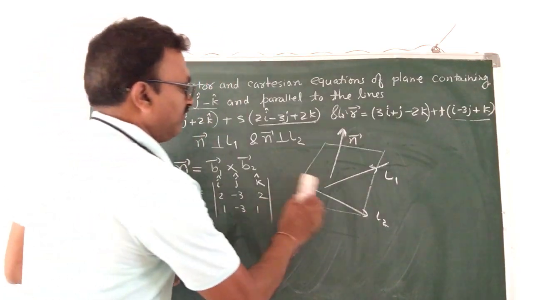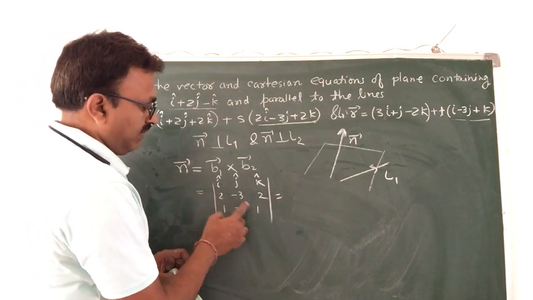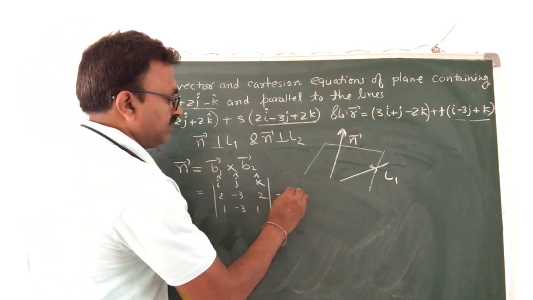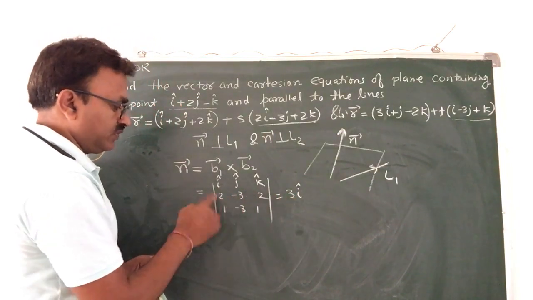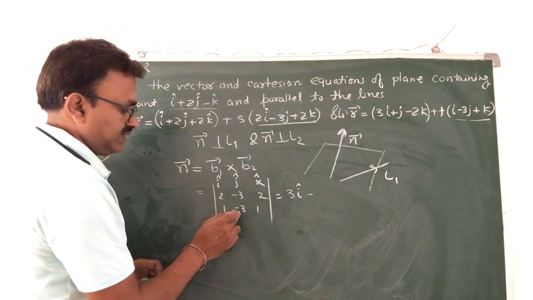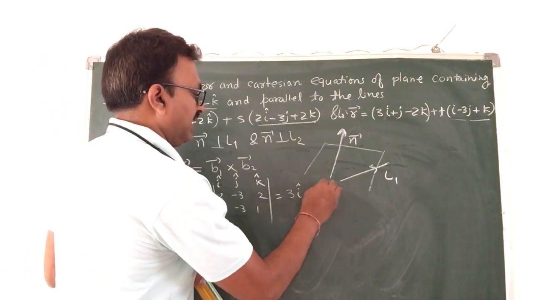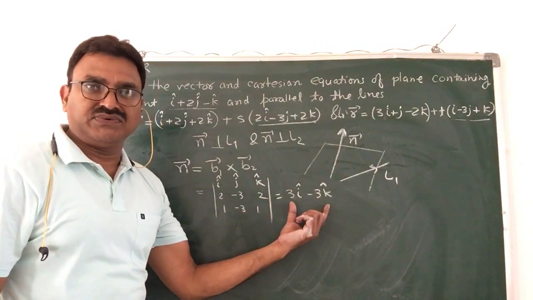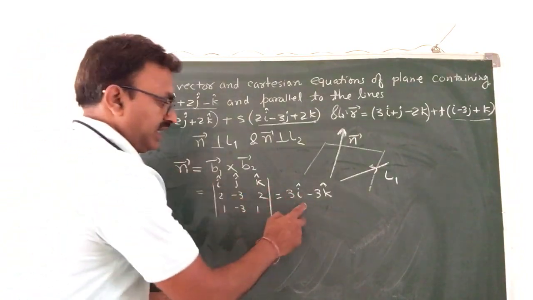Now when we simplify it, it will be i times (minus 3 plus 6), which is 3i, j times (2 minus 2), which is 0, and k times (minus 6 plus 3), which is minus 3k. So this is the normal vector for this plane, vector n.